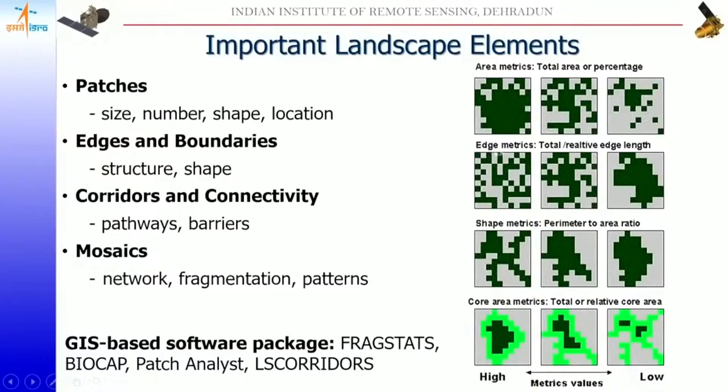Similarly, in the case of the edge metric, the total or the relative edge. So if the patches are smaller and they are distributed all over the landscape, then the edge that exists in that area will be more as compared to a larger patch. So this is in the edge metric, and then the shape, the perimeter to area ratio.